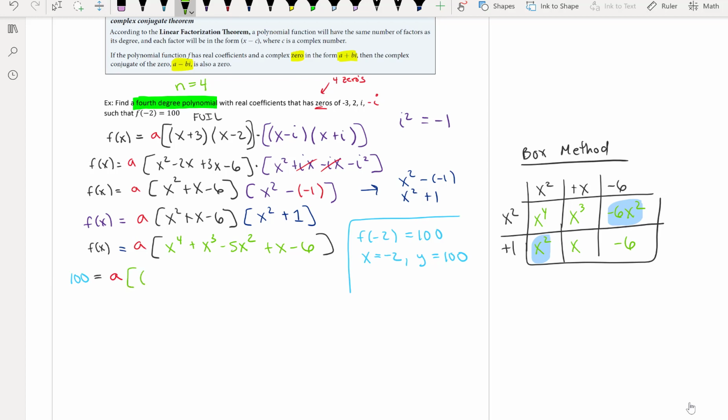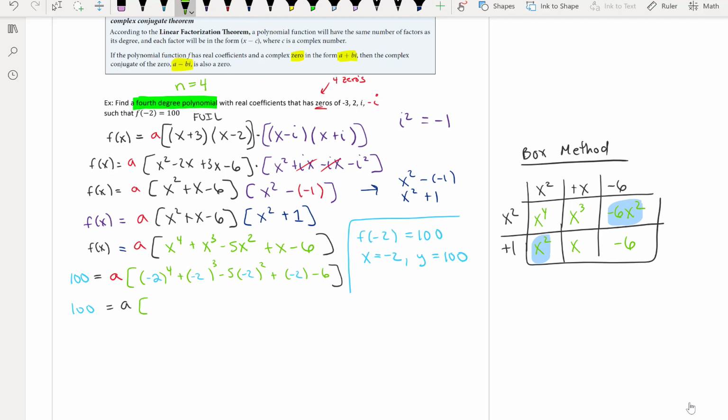Now I know what I'm plugging in for my x value is a negative 2. So negative 2 to the 4th plus negative 2 cubed minus 5 times negative 2 squared plus negative 2 minus 6.